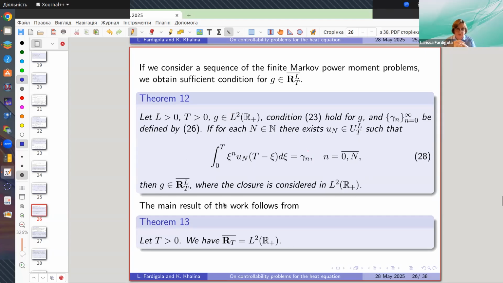And the main result of our work follows from theorem 13. We have the closure of RT equals L2 of R plus.